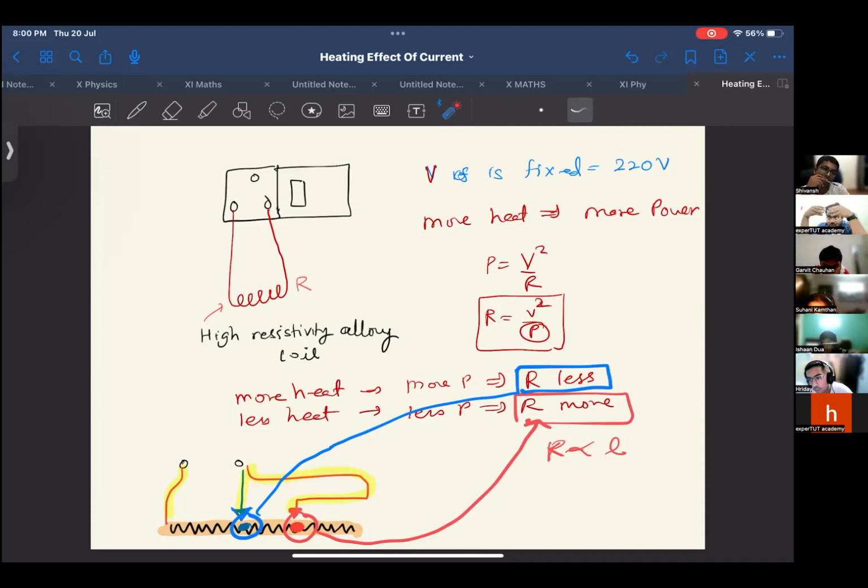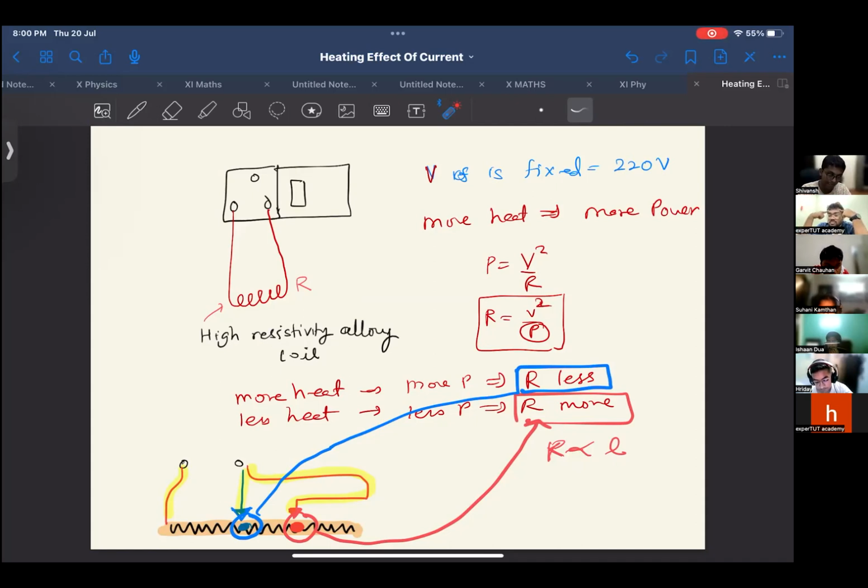Because of this temperature, the resistance of this filament increases. Because of this increased resistance, the power of this device as a whole becomes lesser. So the bulb gets fainter after a few minutes of operation. So the statement which I said is more or less incorrect.